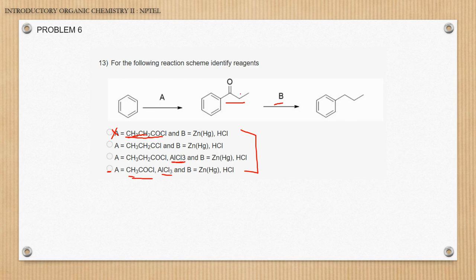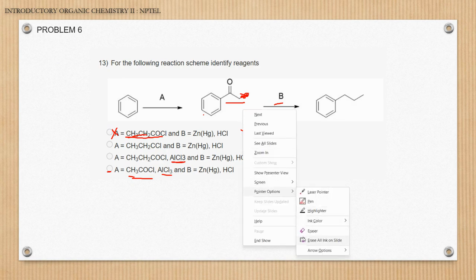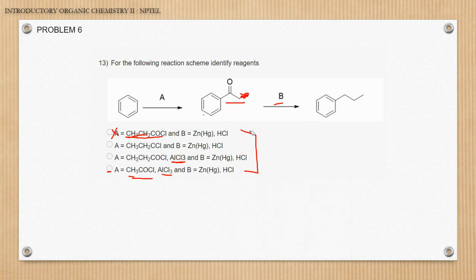You will not get the CH2 part, you will get a CH3CO which is trapped by the benzene ring. But here one more carbon is needed, and that is why option C will provide that other carbon.